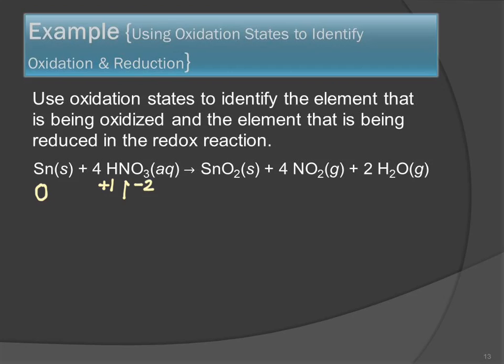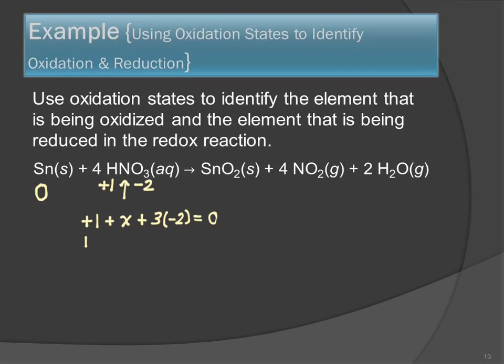And then we have to figure out what the nitrogen is. So we've got 1 hydrogen, and I'll put X in for the thing we're looking for. And there are 3 oxygens. So 3 times the oxidation state for the oxygen, and that has to add up to 0 because this is a neutral molecule.